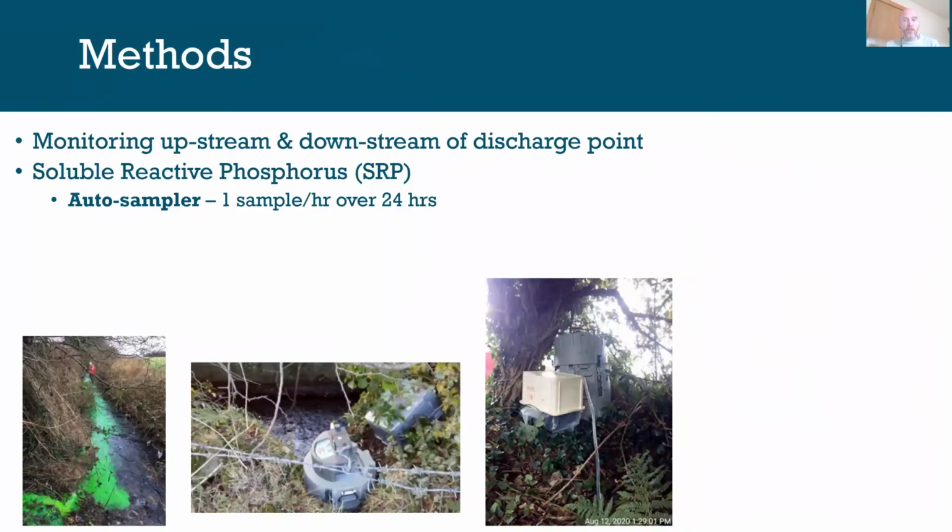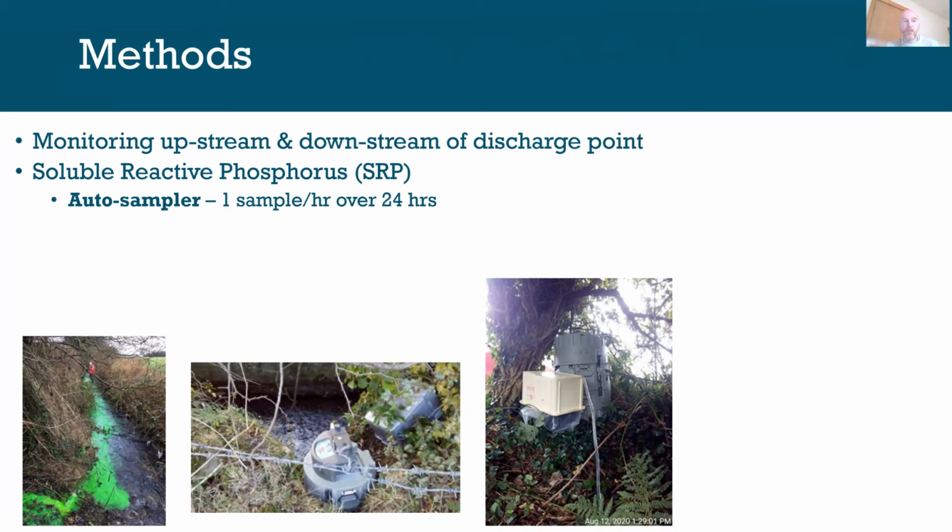As I say, we're monitoring upstream and downstream of the discharge location at Liscooley. Initially, we had trouble identifying the source of the discharge location. You see in the bottom picture the green in the stream; we had to conduct dye tracing at Liscooley to identify the source of the discharge.